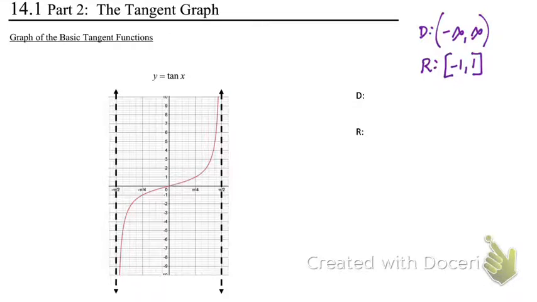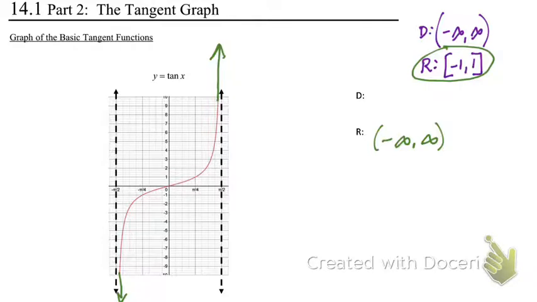So here, first off, let's do the range first. The range is our y values. Well, remember your graph extends north and south here without any bounds, so that means we don't have a limit on our range. Our range can be whatever it wants to be. It doesn't have to be trapped between -1 and +1 like the sine and cosine curves do.